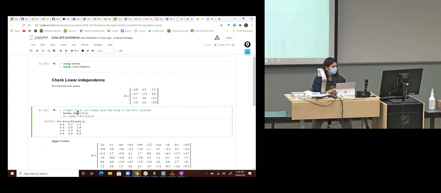So when you're sampling, it'll always give you the same numbers every time. You can look up the documentation of this.